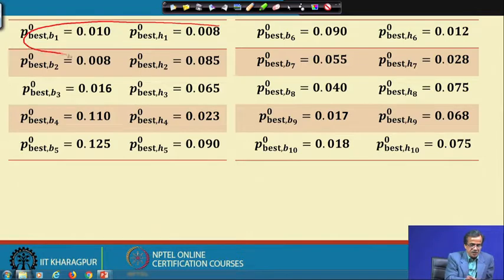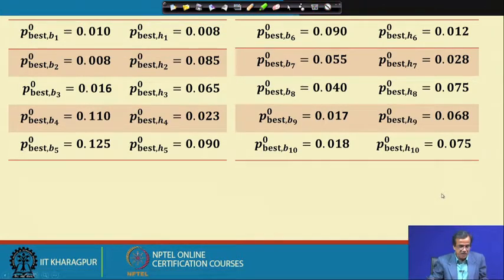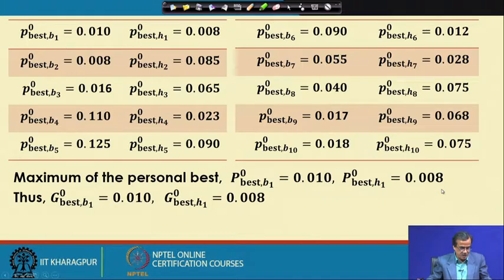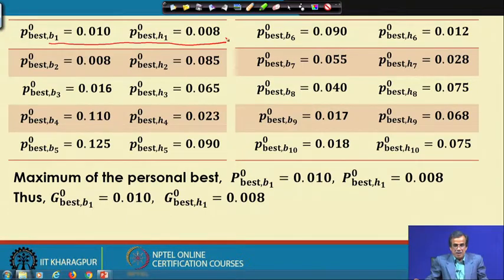Corresponding to this I am getting the maximum value for this particular objective function, and once you have got the maximum value, I can assign that this is nothing but the globally best solution.